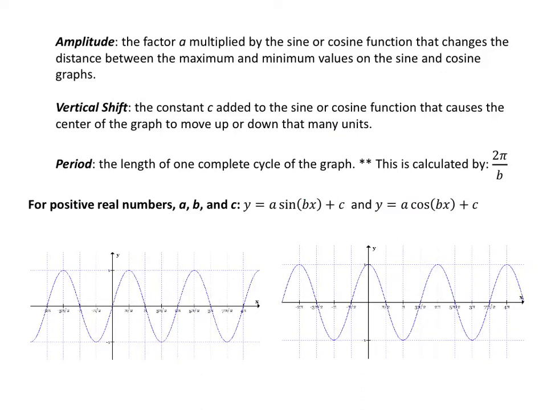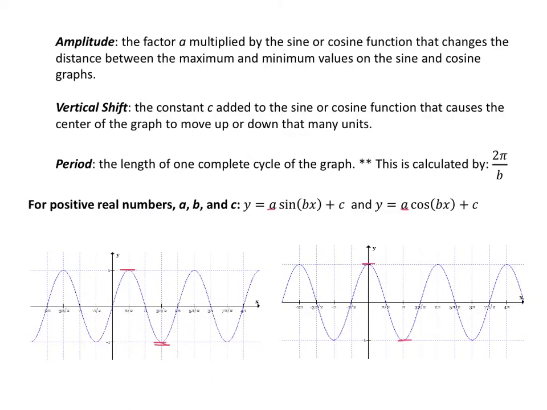Now with each one of these functions, there are terms that we need to be aware of. The first term is amplitude. And if you look in the two functions, it's represented by A. What amplitude means is half the distance between the maximum and minimum values on the graph.